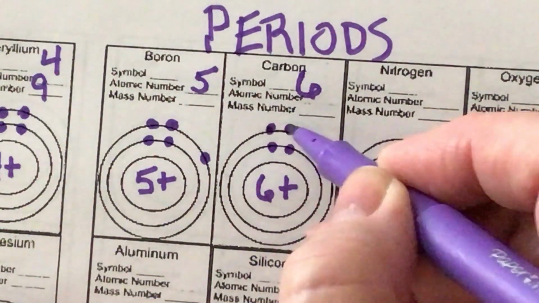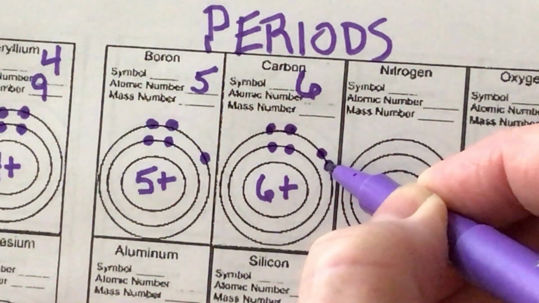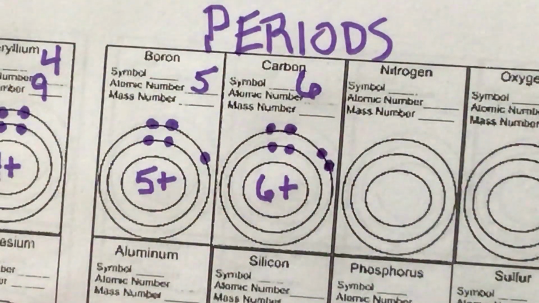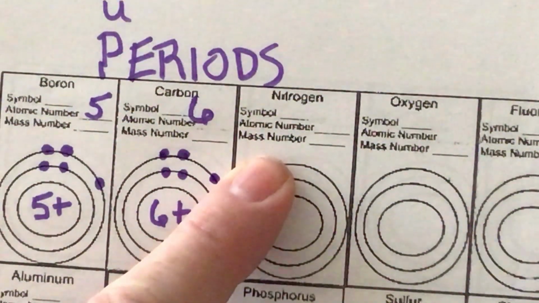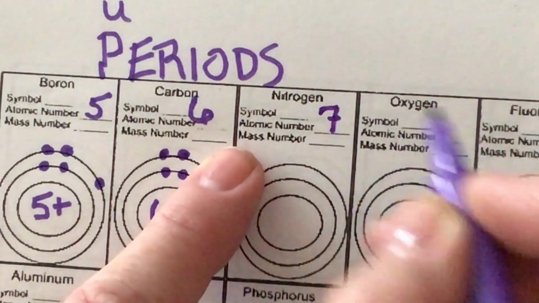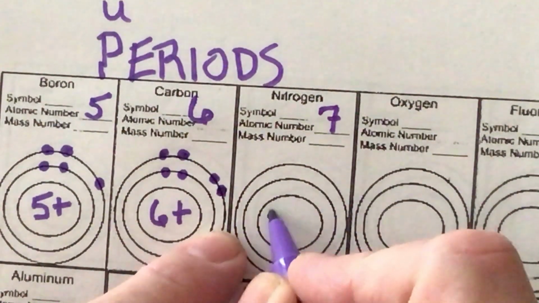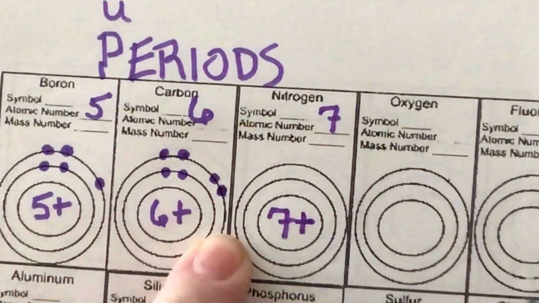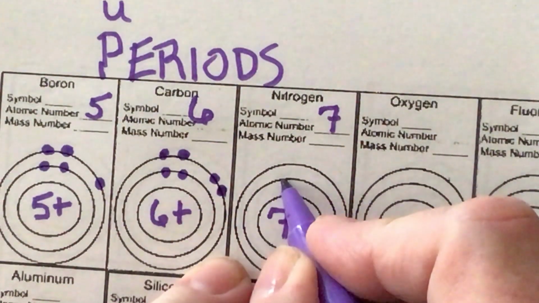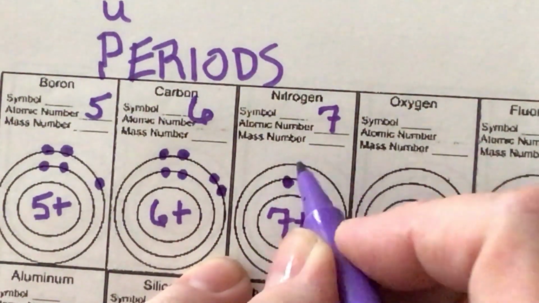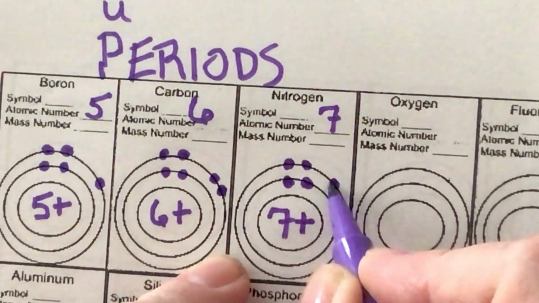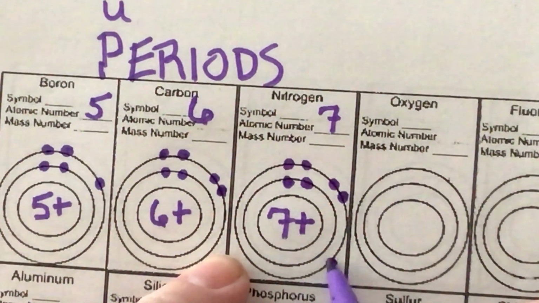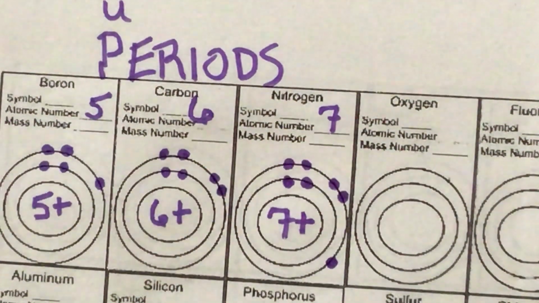Carbon has 1, 2, 3, 4 valence electrons. And then we're going to go to 7. We're going to have 7 protons and 7 electrons. So 1, 2, 3, 4, 5, 6. We'll put a 7th one down there.